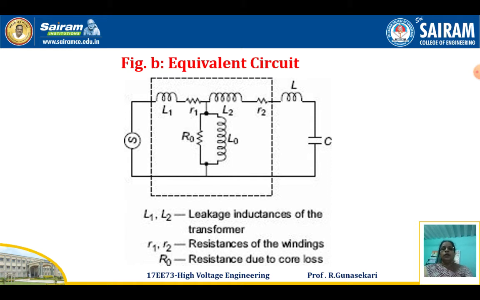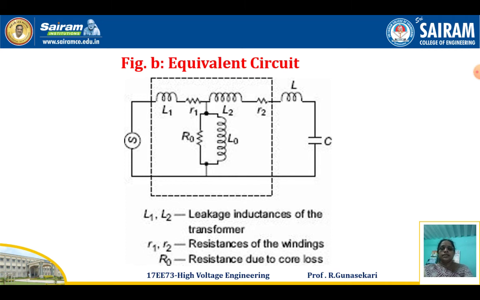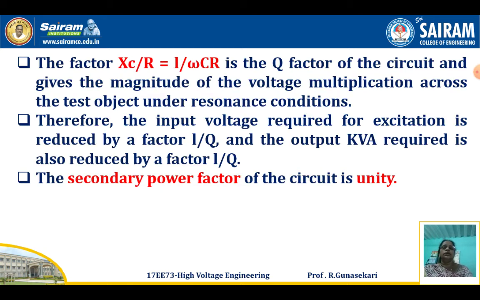S is the supply, and the transformer only consists of L1, L2, r1, r2, R0, L0. The dotted square box represents only the transformer. S is the symbol for the alternating power supply. Then L is the choke, C is the capacitance of the high voltage terminal only. This is the equivalent circuit of the circuit diagram of the resonant transformer.